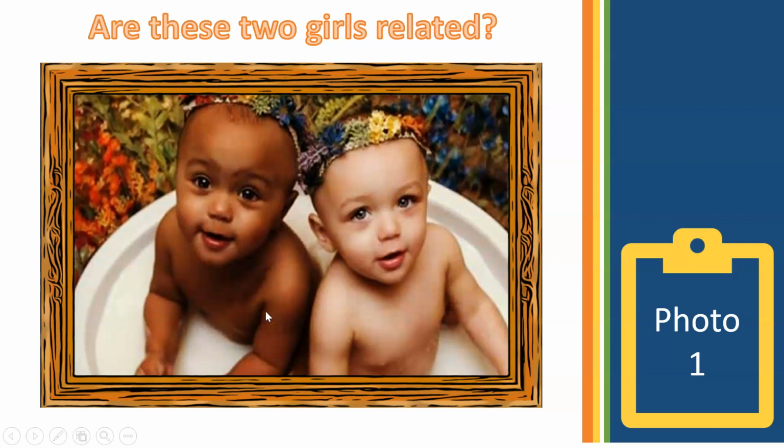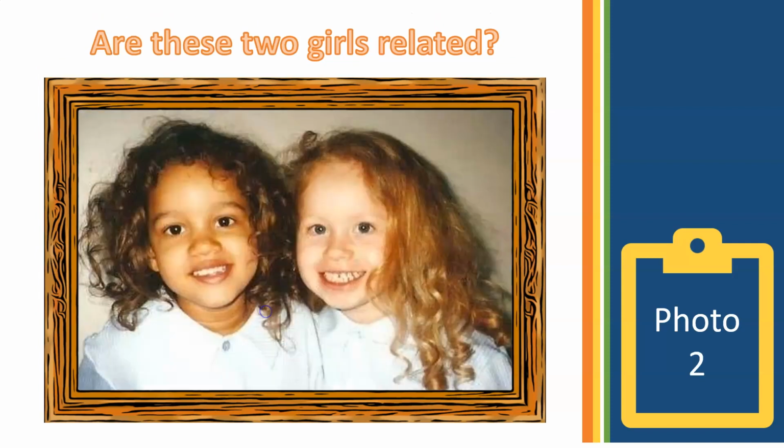Ready for photo 2? In this photo, the girls are a little older. Take a moment to really analyze what you see. In addition to all the traits I've previously mentioned, you can now see some additional ones, like the girls' hair texture, their forehead shape, their mouth shape, even the size and spacing of their teeth. My question to you is the same.